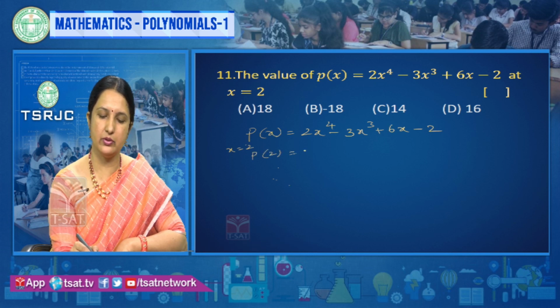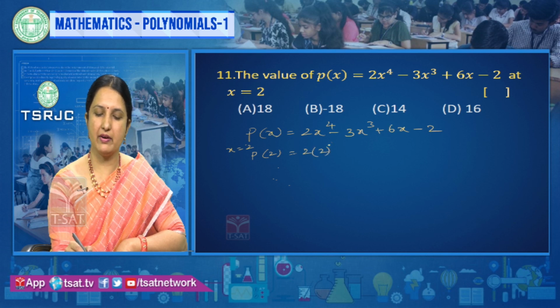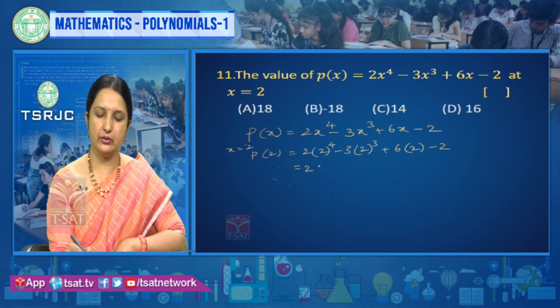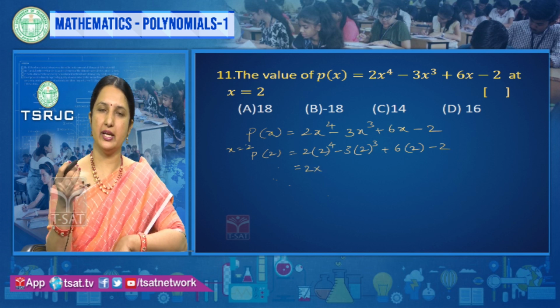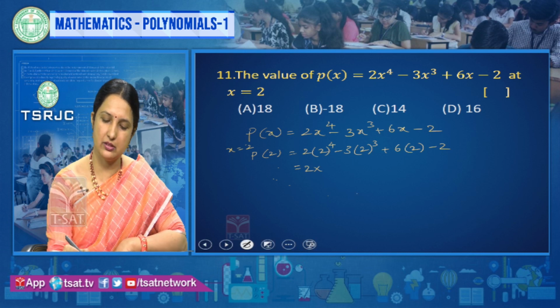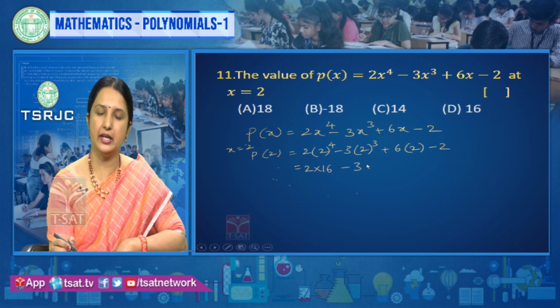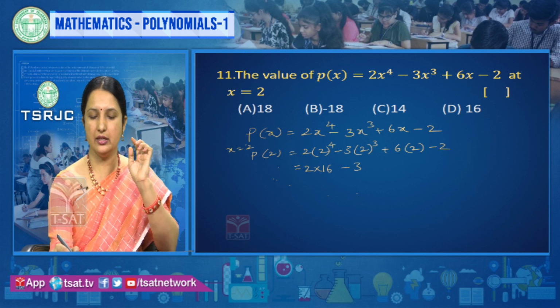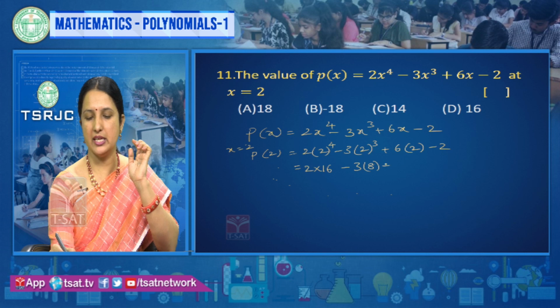What will we get? P of 2 equals 2 into 2 power 4 minus 3 into 2 cube plus 6 into 2 minus 2. 2 into 2 power 4: 2 2s are 4, 4 2s are 8, 8 2s are 16. Write here minus 3 into 2 cube: 2 2s are 4, 4 2s are 8. Plus 6 into 2, ones 2 only, minus 2.